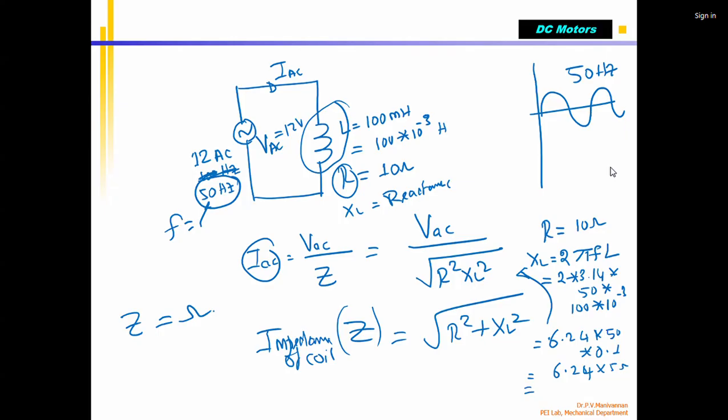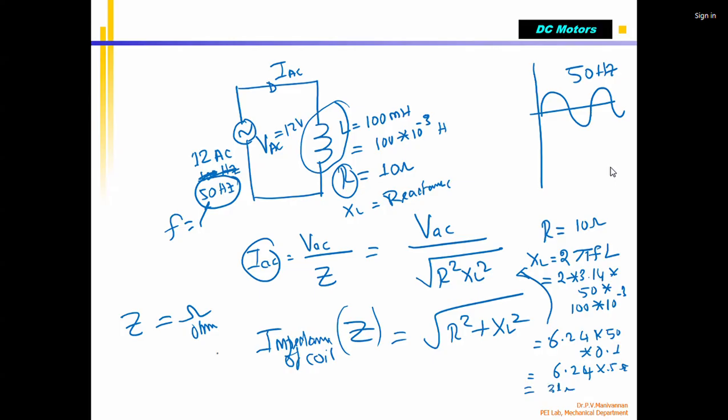Reactance, resistance and impedance, for all of these the unit is ohms. So this is around 31 ohms, 31 point something. I say 31 ohms.